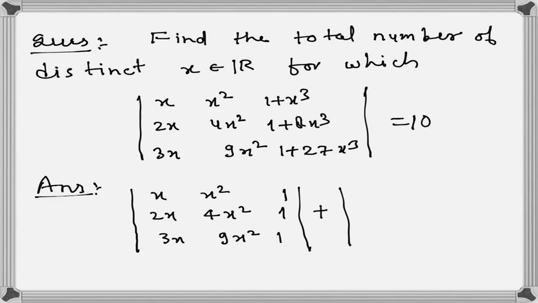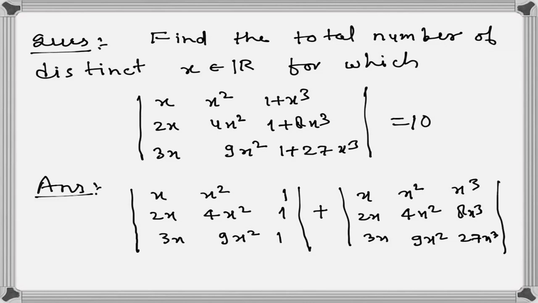The second determinant has rows (x, x^2, x^3), (2x, 4x^2, 8x^3), (3x, 9x^2, 27x^3). This is equal to 10. Now let's simplify these determinants.